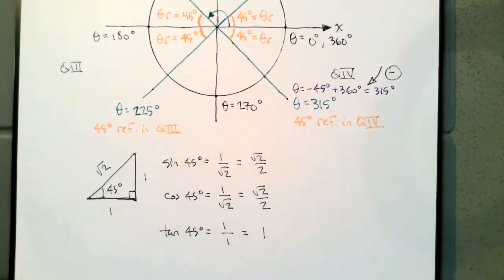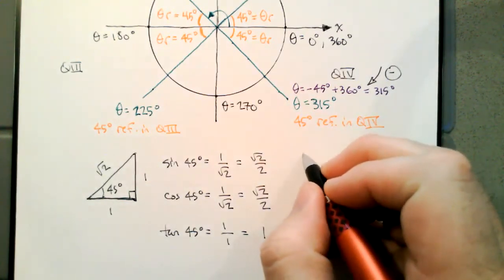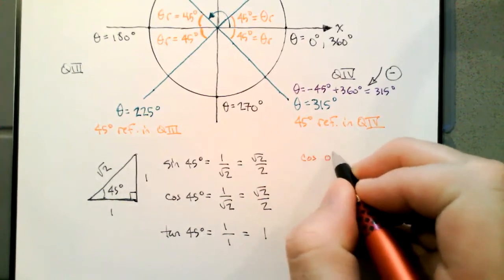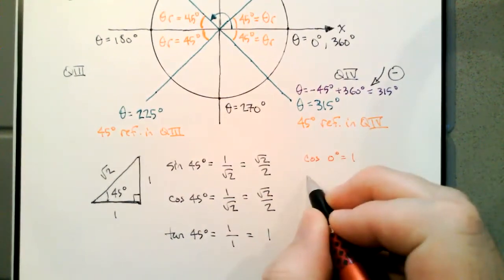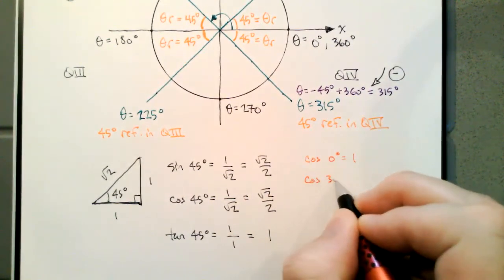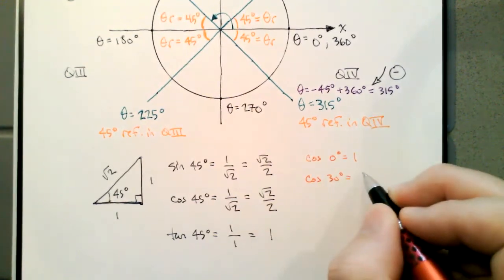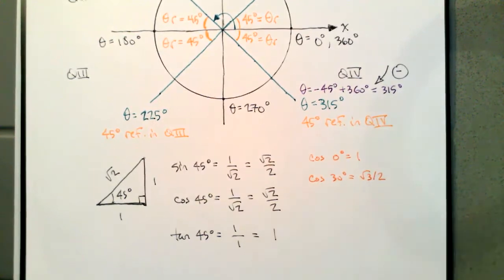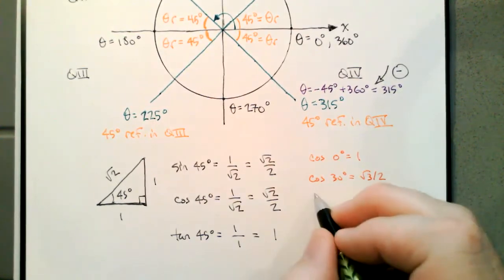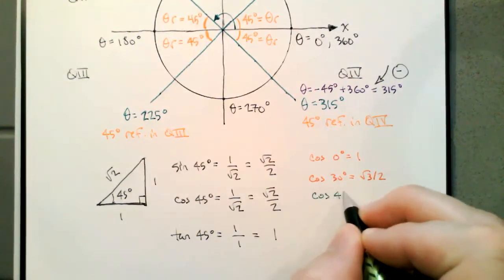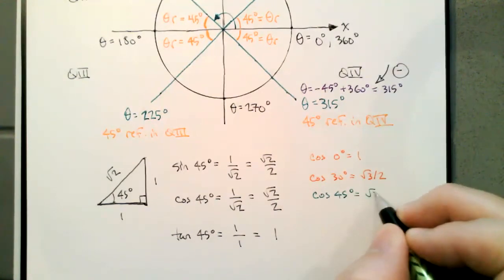So if you would recall, we listed values of cosine. Cosine of 0 was 1. Cosine of 30 is root 3 over 2. Cosine of 45 is root 2 over 2.